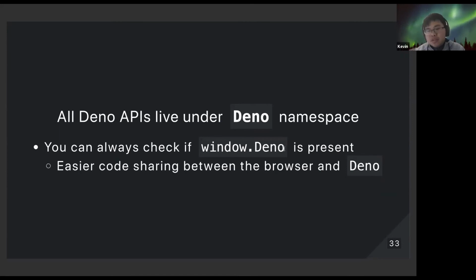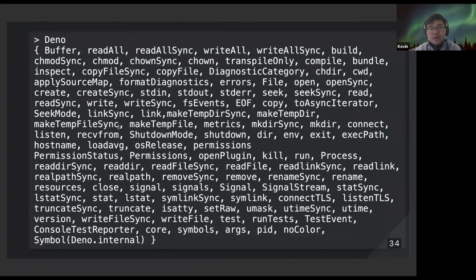And if you print out the Deno namespace, you're going to see a bunch of pretty familiar names, like all the file system APIs you probably want.